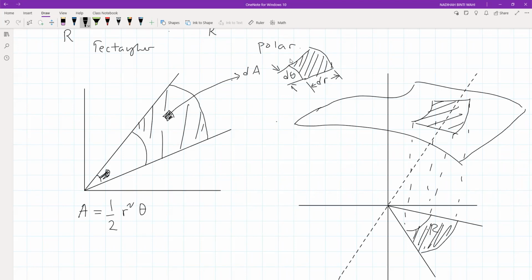Okay, so in that case, kita nak cari dA. Okay, so dA is what? Kalau saya tak nak yang kecil lah.